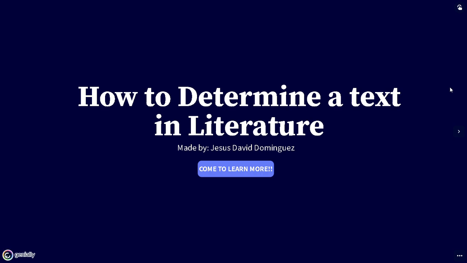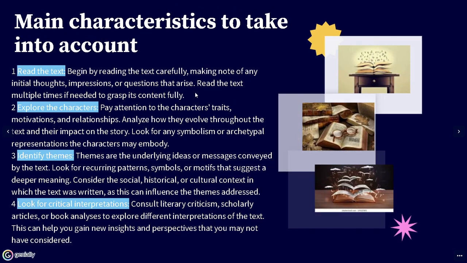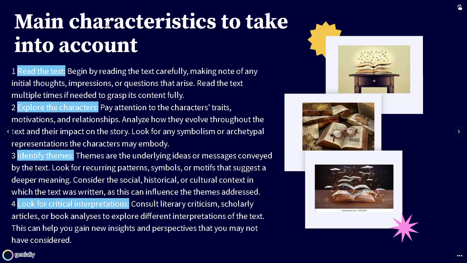In this case, we are going to the second slide. The main characteristics to take into account. These four characteristics that I chose are the most important from my point of view. Why?